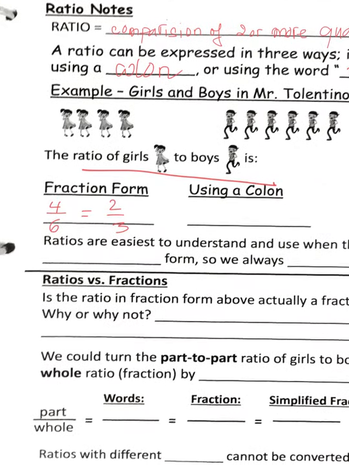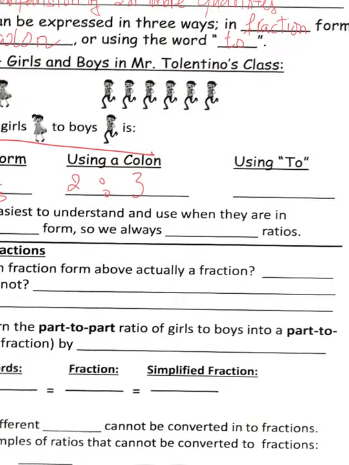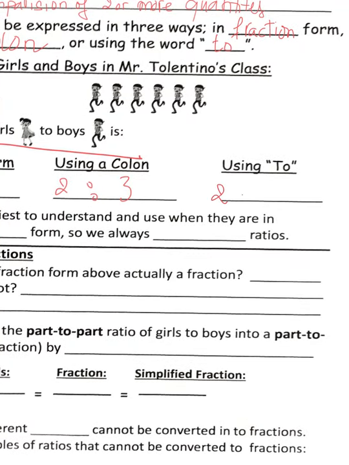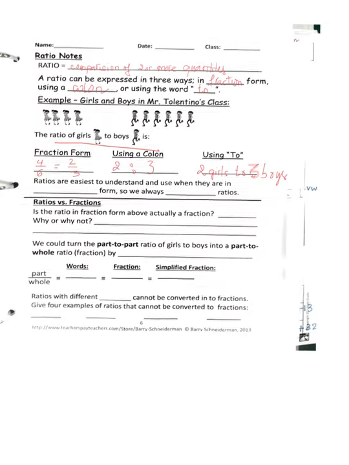Using a colon will be 2:3. And then we have 2 girls to 6 boys. Oh, not 6 boys, I'm sorry. It should be 3 boys instead, because we simplified it.